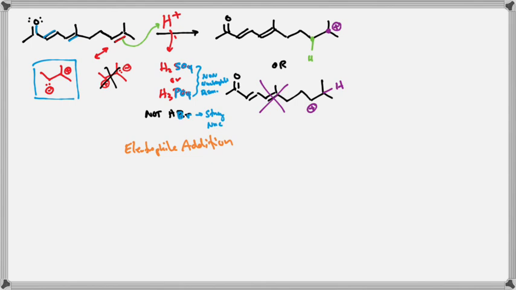Okay, what happens now? How can we stabilize that carbocation? We again need electrons. So where can we get electrons from? Okay. Pi bonds or lone pair on the oxygen. Again, if we pull electrons from the lone pair on the oxygen, it's going to effectively be pulling them from the pi bond. Okay.